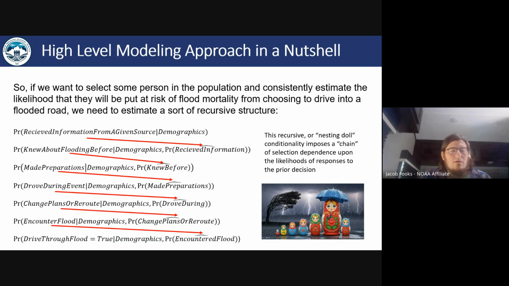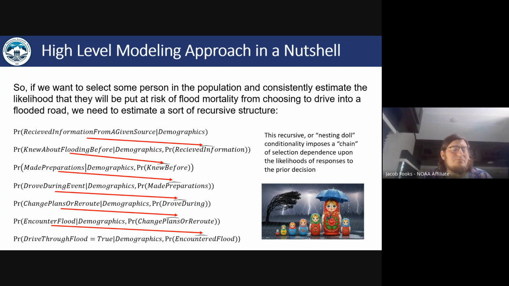But before they encounter a road, we need to estimate their propensity to change plans or reroute if they're out driving and it starts raining heavily, right? But before we know if they changed plans or rerouted, we need to know, were they even out driving during the event? Whether they were out driving during the event would be conditional on if they had made preparations that would have decreased the likelihood of them having to drive beforehand, right? Whether they made preparations is conditional on if they knew about this, right?